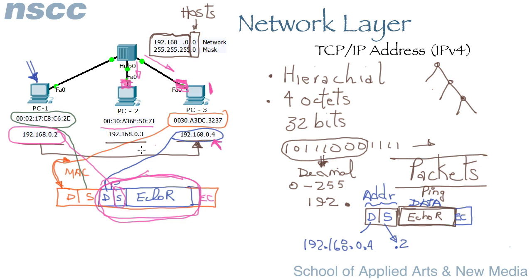It'll know where to send it to because it had the source MAC address, it had the source IP address, and so it can construct a frame to send back out to the hub, which gets sent here and gets sent here. Now the destination MAC address is going to be this one. So PC2 is, again, simply going to ignore the frame. This one is going to process and get that echo reply.